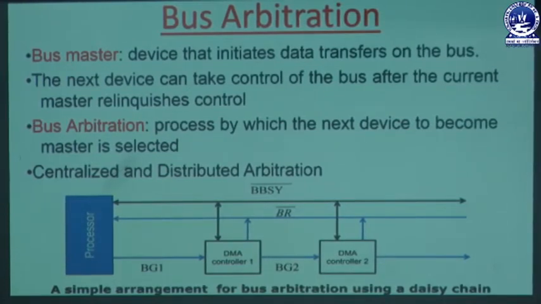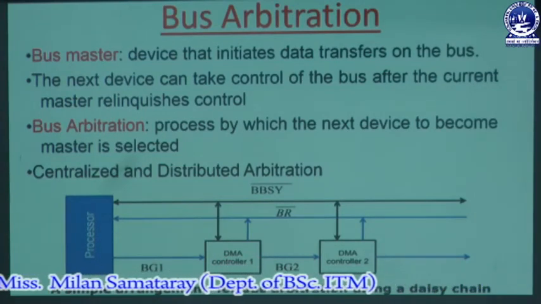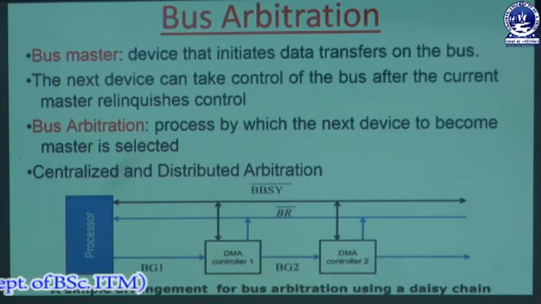Okay, so this is the arrangement of bus arbitration using a daisy chain. Daisy chain means, as I have discussed, that the devices, here DMA controllers, are connected in a serial manner, and the acknowledgement, here you can see BZ1 and BZ2, is given from the processor to one device, and that device forwards it to the next device.